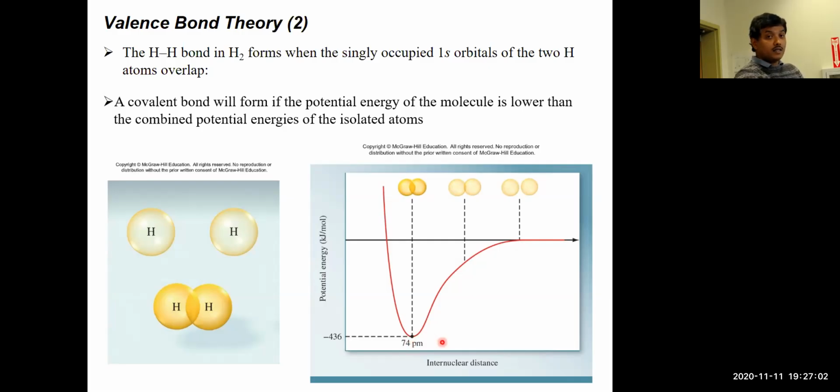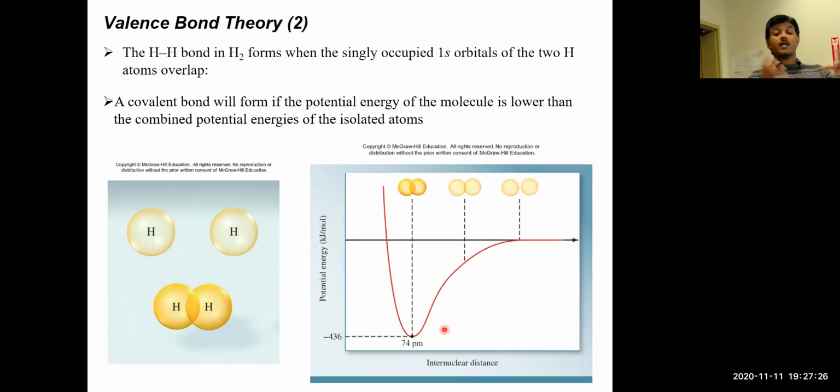What that means is you need to apply 436 kilojoules per mole of energy to separate these two and get single hydrogen atoms back, which means the hydrogen molecule, H2, is 436 kilojoules per mole more stable than single hydrogen atoms.